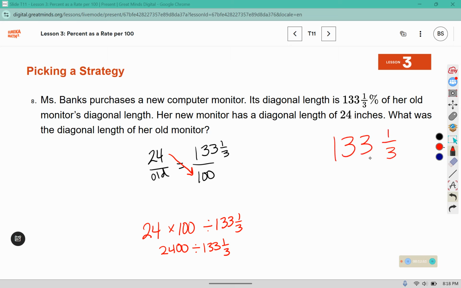To change this to an improper fraction, we multiply the whole number by the denominator, so 133 times 3, which is 399, and then add the one that's on top, which is 400 over 3.